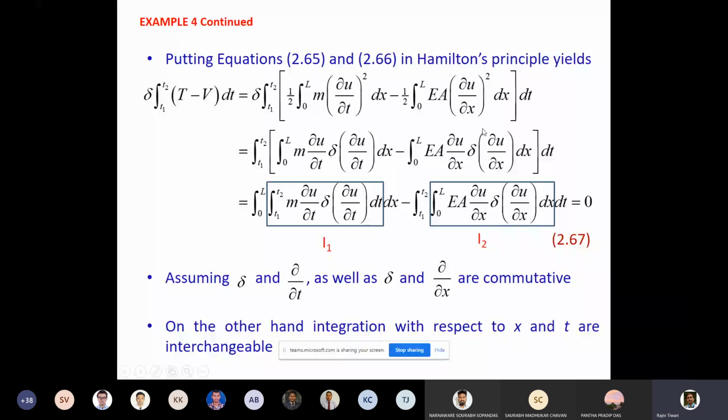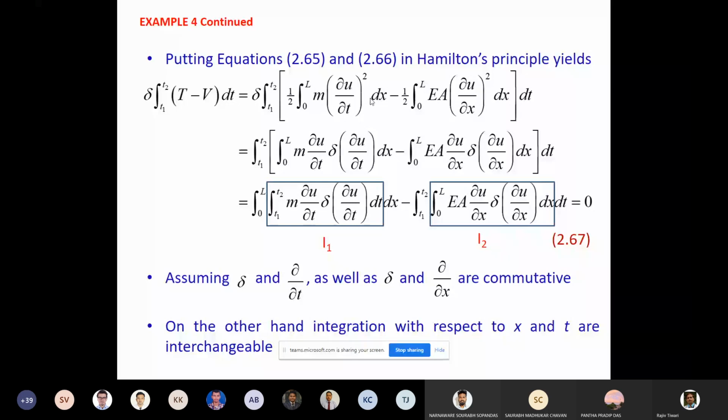So this is the variational operator, similar to the differential operator, but as we know, the differential operator is entirely different and the variational operator is different, because variation is not defined for time. But at present they are similar in operation.